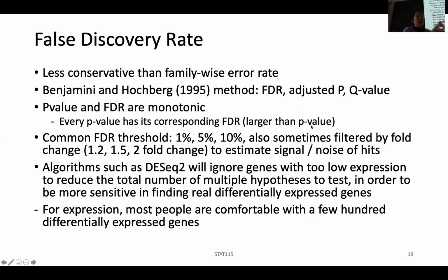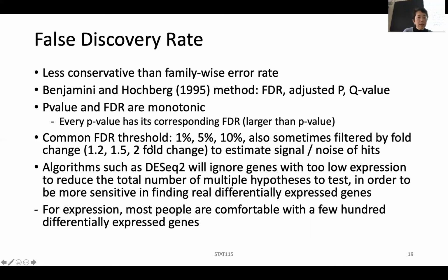So at the end of differential expression analysis, for each gene, based on the negative binomial distribution, you will get a p-value. And by looking at all of those p-values together, you will also estimate an FDR. And usually people take those FDR values. To report genes, some people take 1% FDR, some people take 5%, some people take 10%.